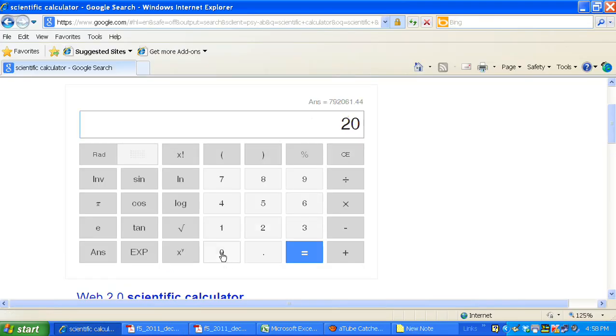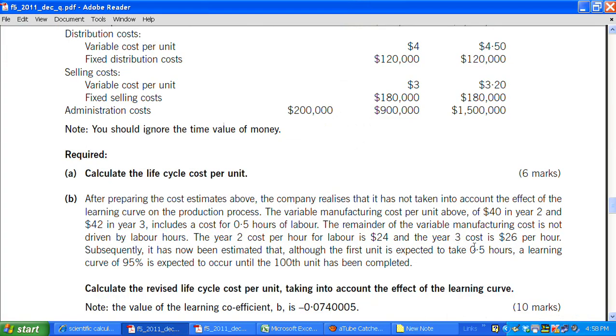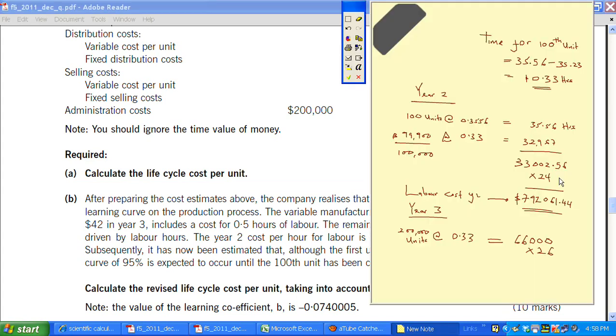So 200,000 by 0.33 gives you 66,000 times the labor cost. The labor cost in year 3 is 26.